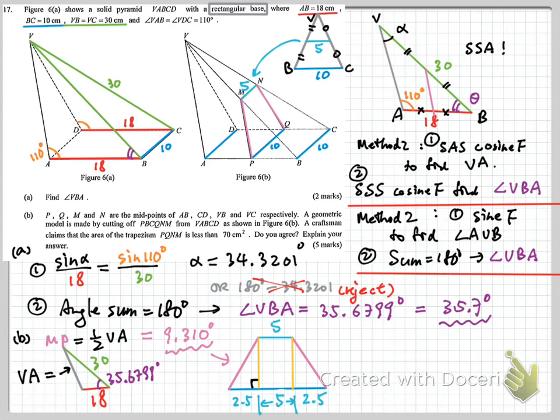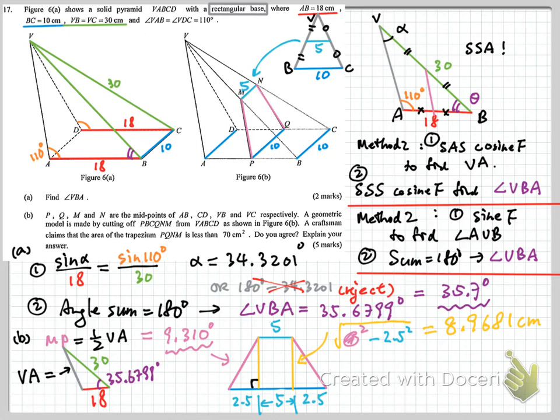The height of this trapezium will be the yellow line. Take the pink square minus 2.5 squared, and then take the square root. The length of the yellow line comes to 8.9681 cm.